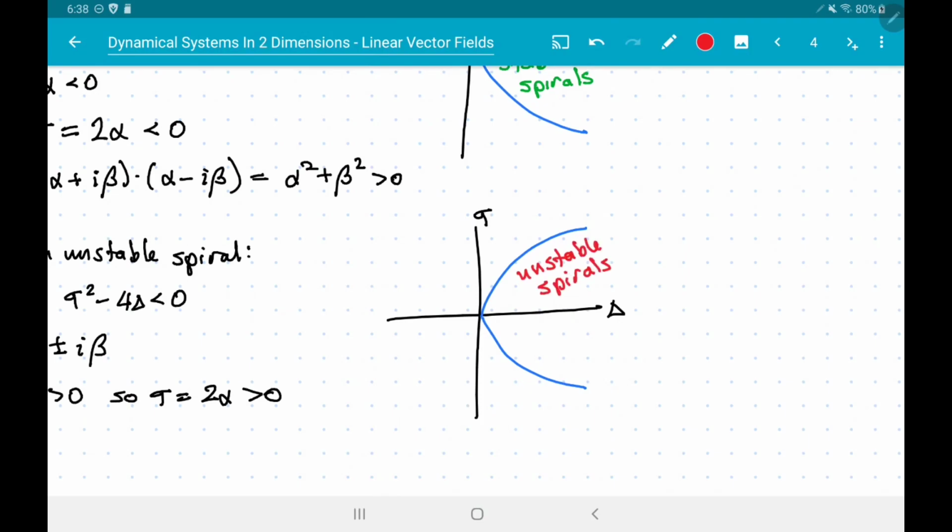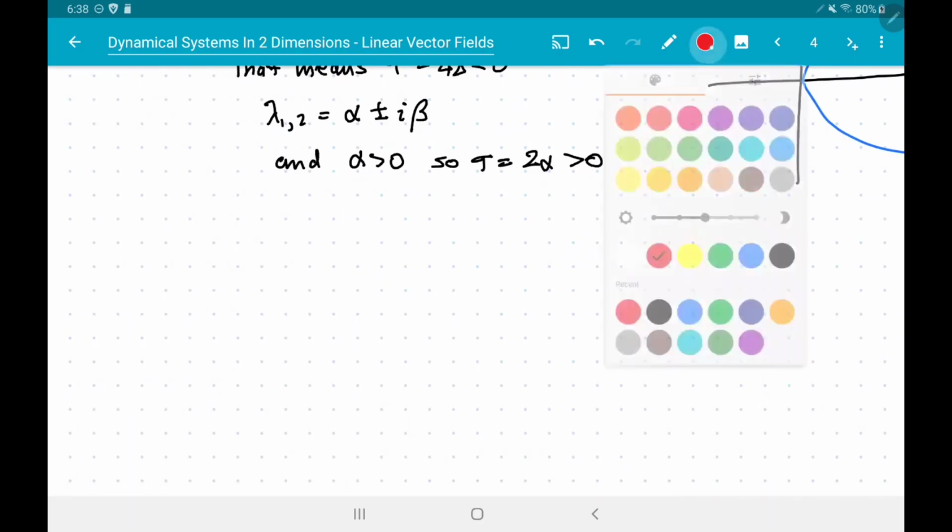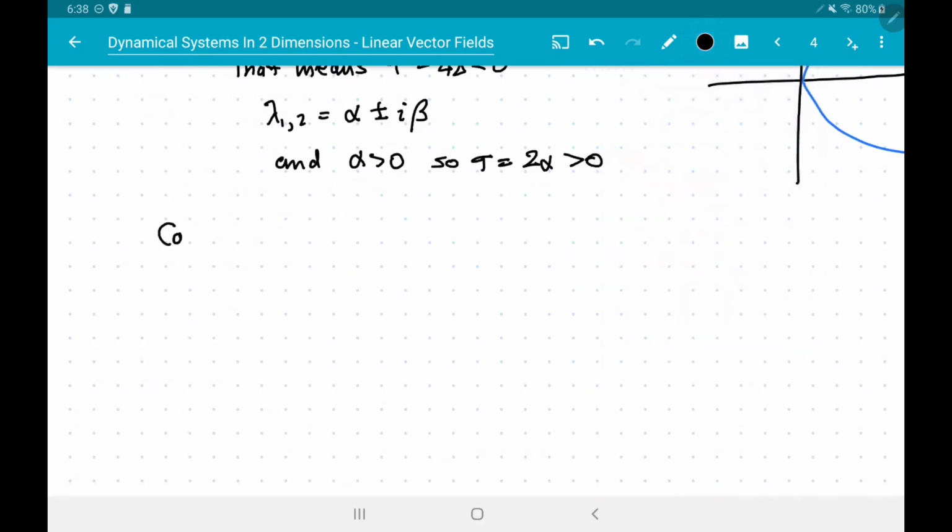There are a few other cases that you have to look at. These are the very borderline cases. So in the case of tau squared minus 4 delta equals 0, there are 2 possibilities. I've showed you stars. There's another possibility called degenerate nodes.